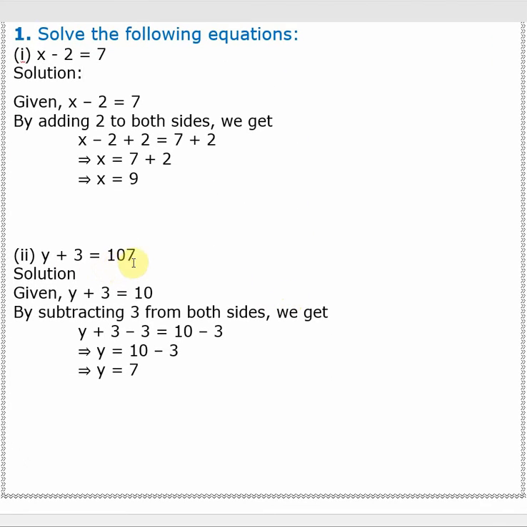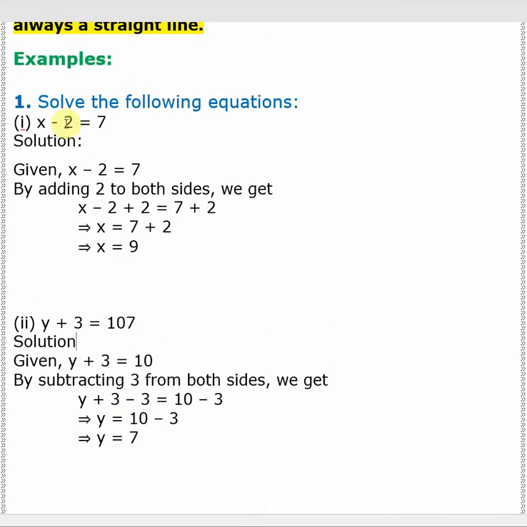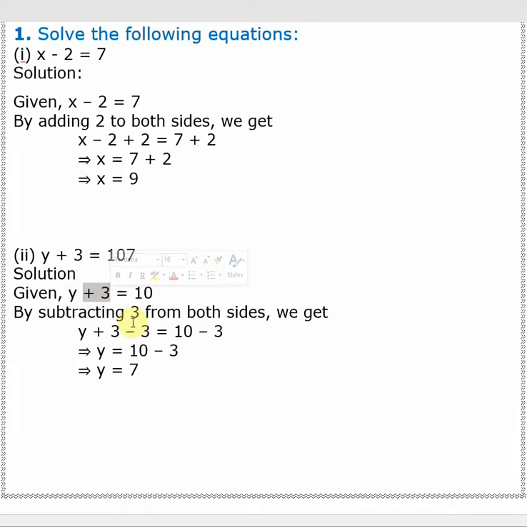Next is y plus 3 is 10. In this case, since plus 3 is added with it, we do minus 3. Whatever is added, like here it was minus 2 given, so we added plus 2. Here plus 3 is given, so we do minus 3. So y plus 3 minus 3 equals 10 minus 3.